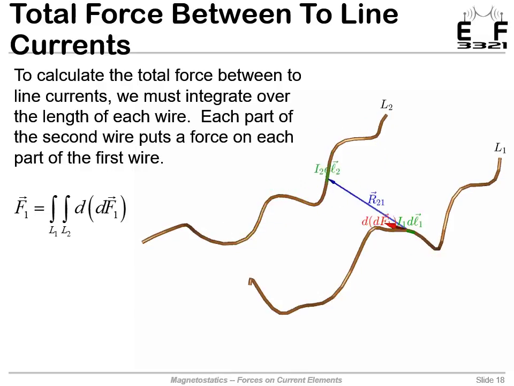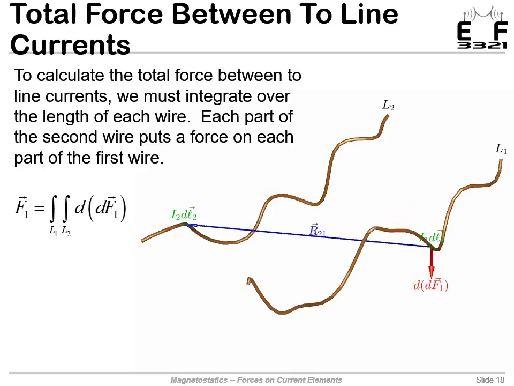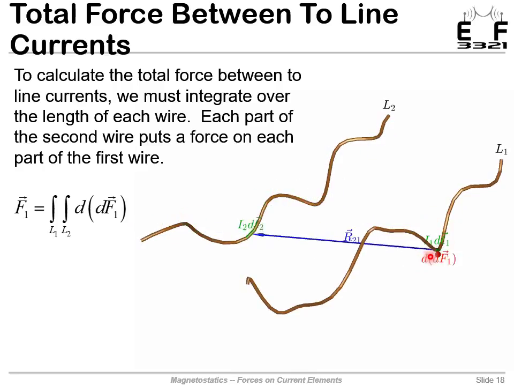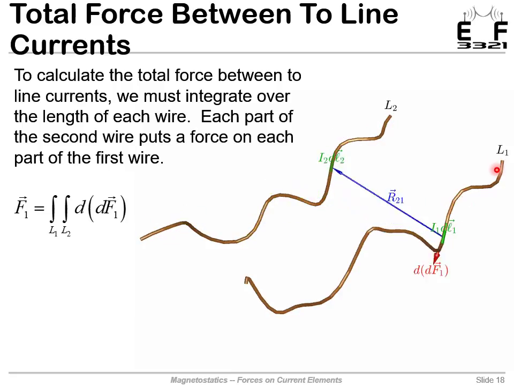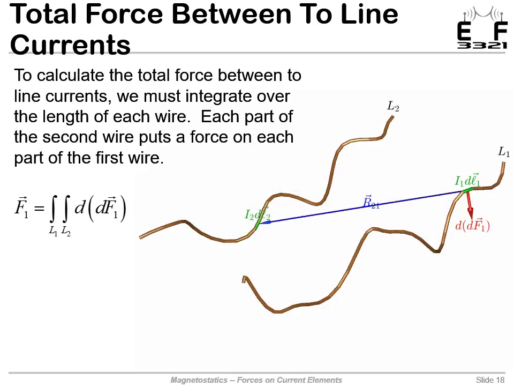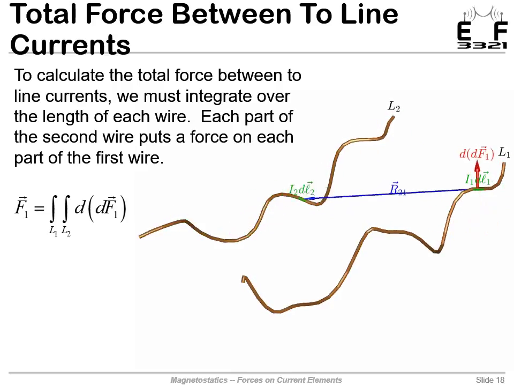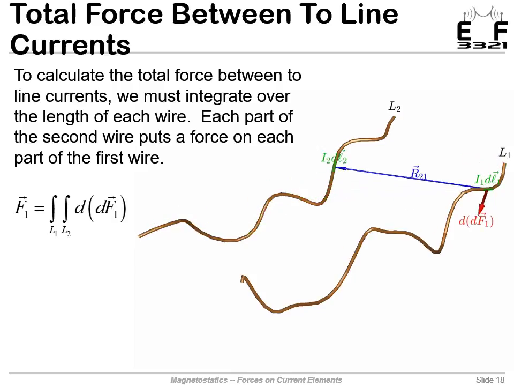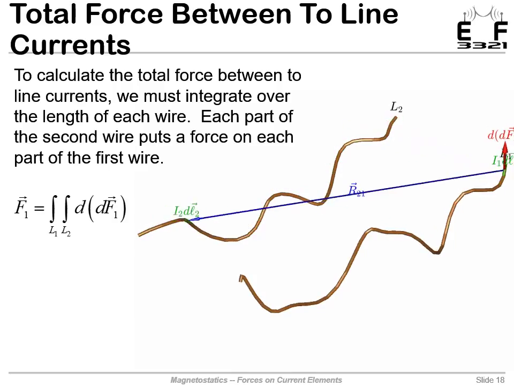And we have to add all those up. Once we add them all up, then we have the total force at that particular line current. Then we move on to the next line current. And then we add up all of those integrated forces, if you will, to get the total force on L1. I feel like I did a really horrible job of explaining that, but that's the visualization of a double integral.